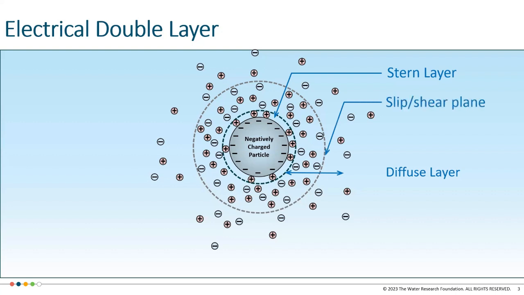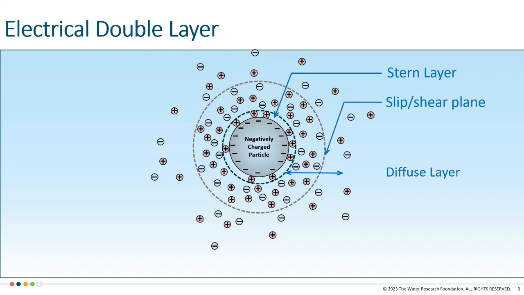So that dotted line is called the slip plane or the shear plane or the plane of shear, and it denotes the region of ions and macromolecules that are sometimes also referred to as particles, which makes it more confusing. But here we'll talk about them as ions and macromolecules that move with that negatively charged particle in the water. And again, that slip plane is within that diffuse layer.